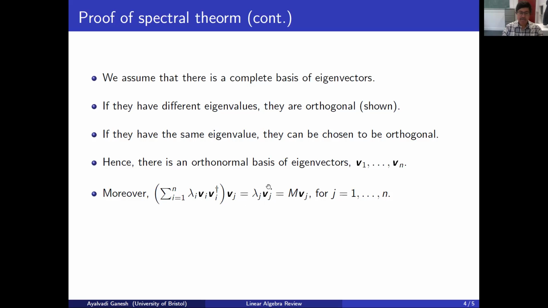So I just get the same thing, lambda_j v_j. So I want to show that this matrix is the same as M, meaning that this matrix multiplying any vector x is the same as M multiplying any vector x. That's what it means for 2 matrices to be the same.